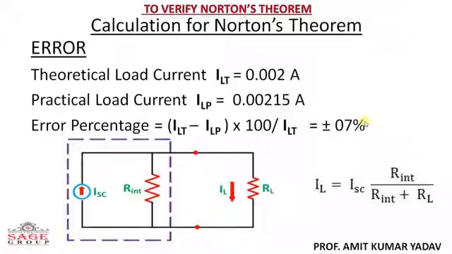The answer is that in the theoretical case we do not consider the internal resistance of the circuit, but in the practical case we consider the internal resistance also. One more thing is that in the practical case we use measuring instruments, and these instruments may have some percentage of error. That's why this 7% error comes between theoretical and practical value.